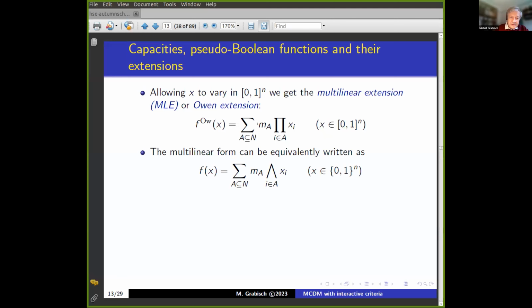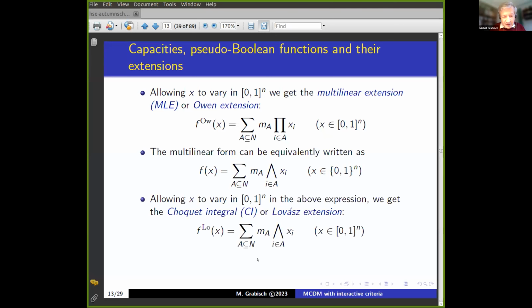Now you can replace this expression with this one, because the minimum, this is the minimum operator, and the product coincide on the vertices of the hypercube. So now you can consider this second formula with elements inside the hypercube, and so you have a second extension.